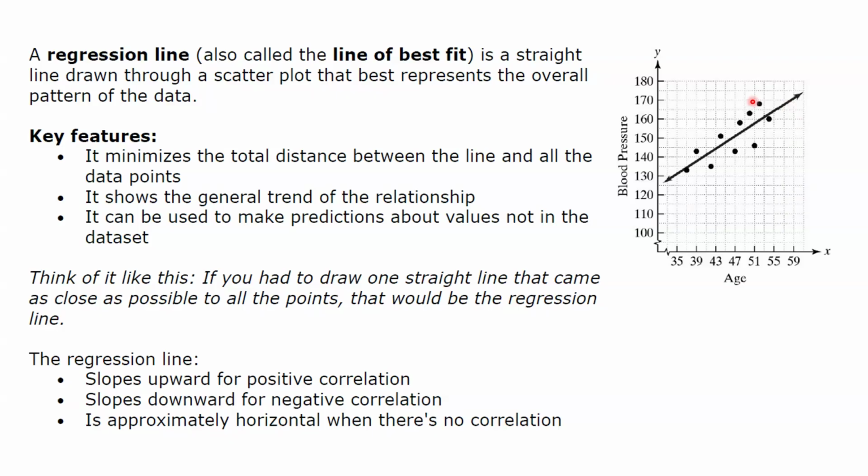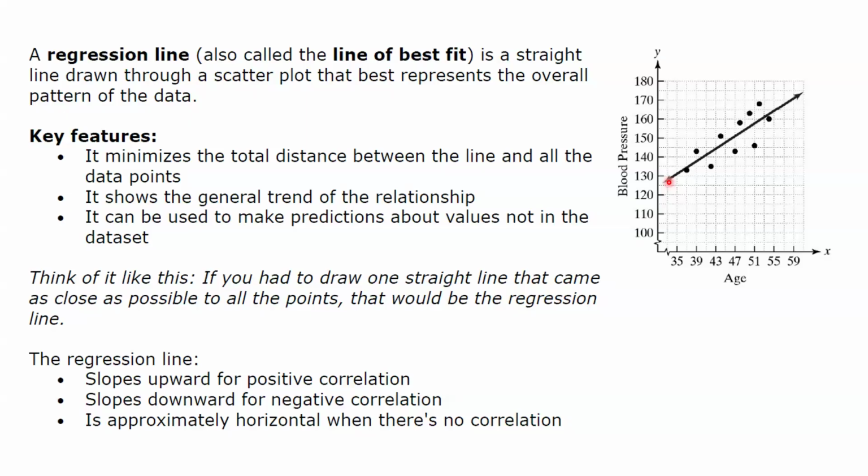All right, just as you see here, we have points that have a positive correlation, and sometimes we want that line that represents that pattern. So the regression line is a straight line drawn through a scatter plot that best represents the overall pattern of data. It minimizes the total distance between the line and all the data points.